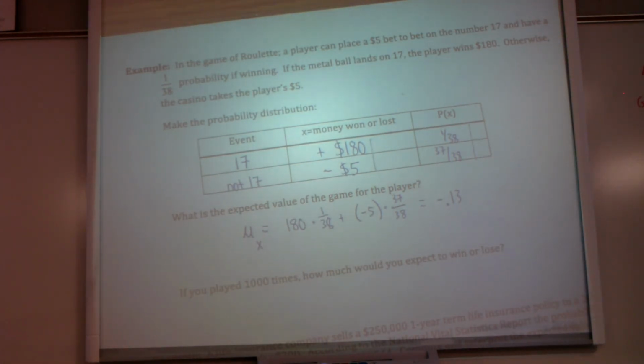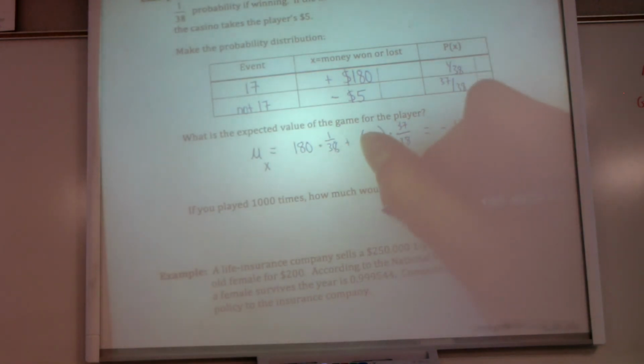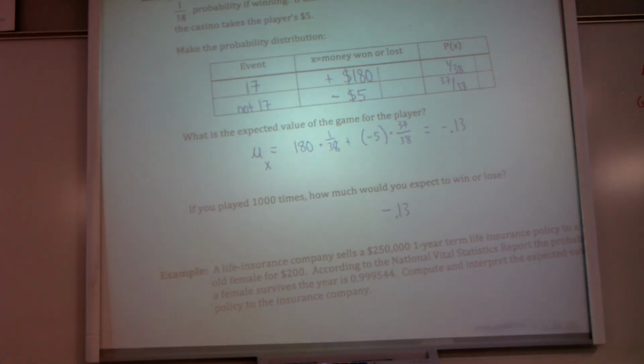Now, that's an expected value for one game, basically. So if you played 1,000 times, how much would you expect to win or to lose? And the expected value is, the more we do this in the long run, you're going to end up with -0.13. Now, you might look at that and say, well, that's pretty darn close to 0.